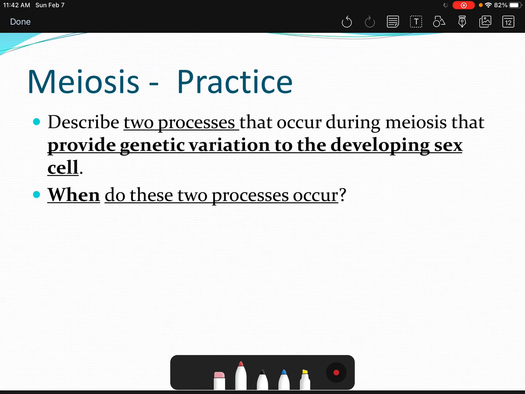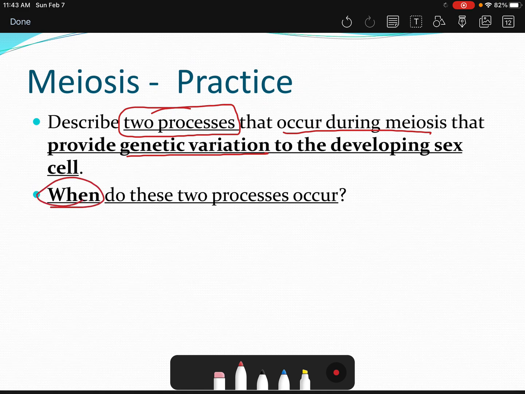And the other big important thing is, remember that meiosis provides genetic variation. What are those 2 processes that occur during meiosis that provide that genetic variation, and when do these processes occur? Well, the first one is crossing over.